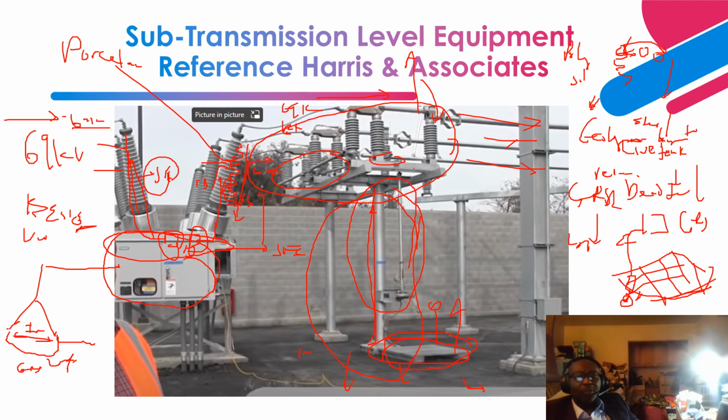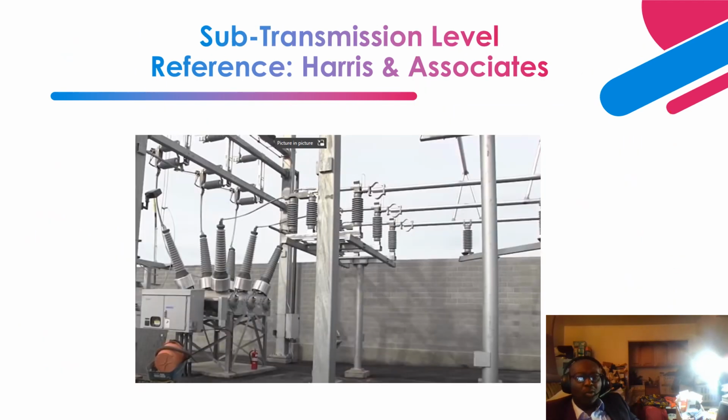The system studies people provide the short circuit study input to the civil engineers so they can design these tubular bars to withstand the electrodynamic forces created in a short circuit scenario, the worst short circuit that these buses will see.